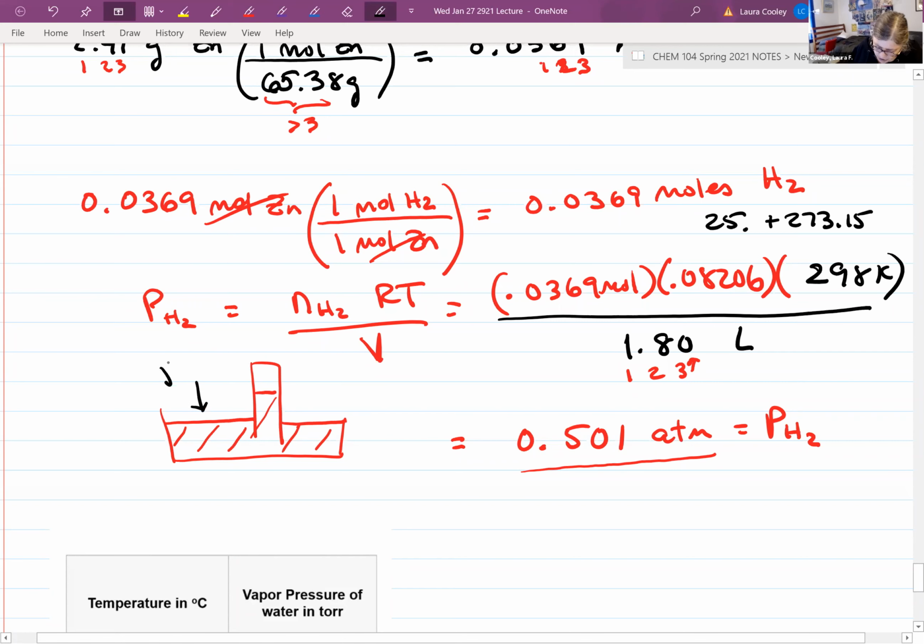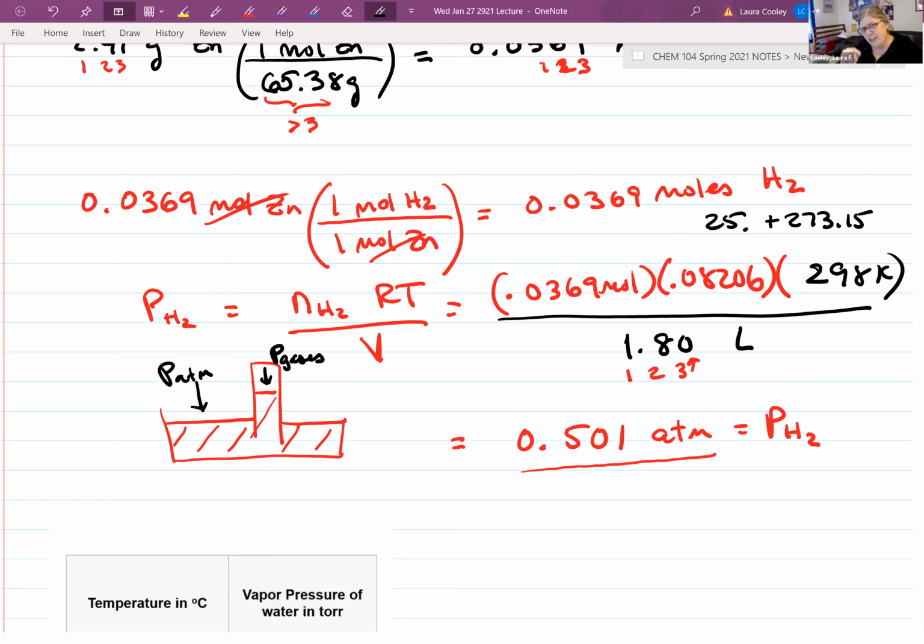This is the pressure that the atmosphere is pushing with. What's pushing in here is the pressure of the gases, and most of that is due to hydrogen. If this was going to be 1 atmosphere, then these levels would be the same. But the gases are pushing less than the atmosphere. That's why the level is higher. If it were pushing the same, then the water level would be down in the middle.